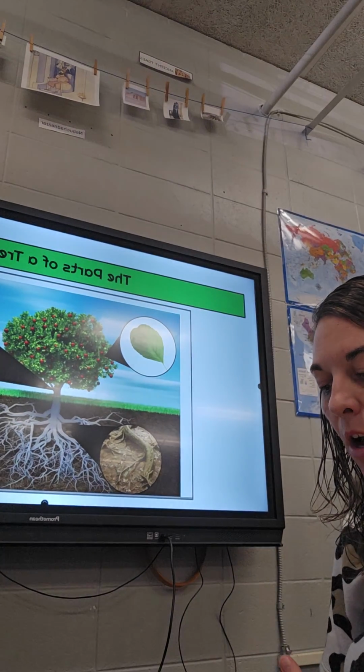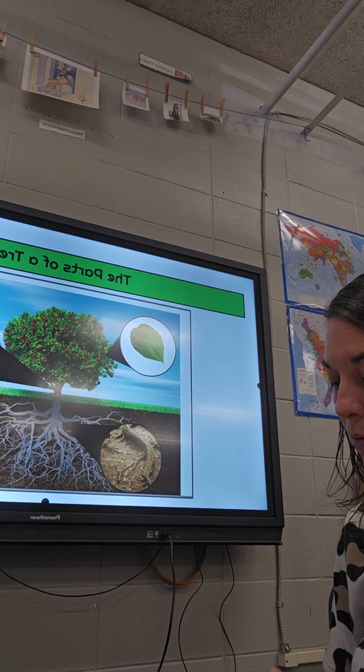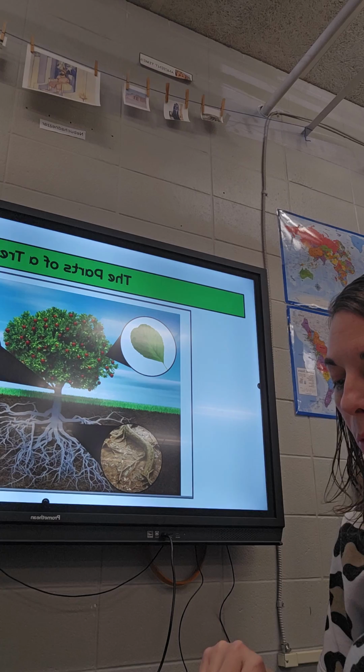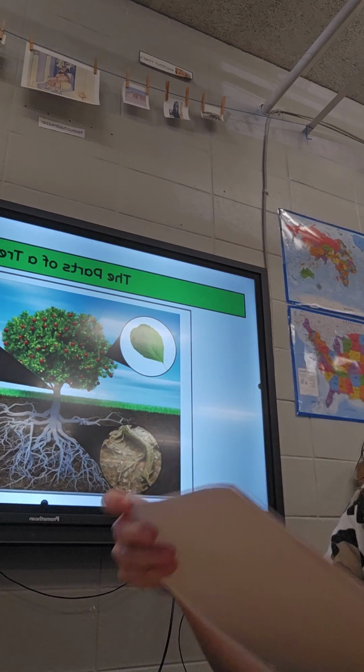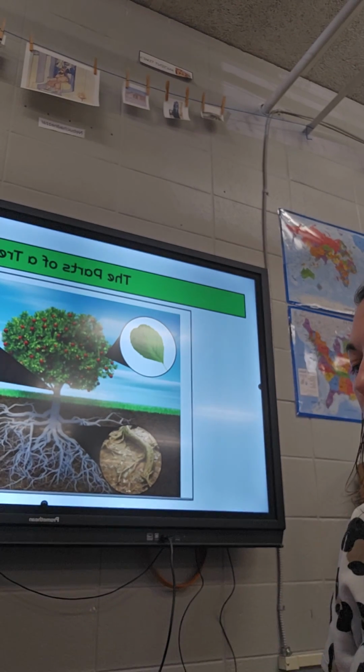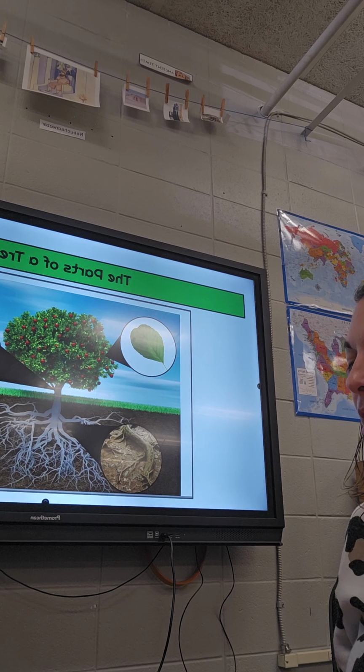The roots not only hold the tree in the ground, they help to feed the tree too. The roots absorb water and nutrients from the ground. The water and nutrients travel up the roots, through the trunk, and into the branches. Do you know why leaves are such an important part of a tree?